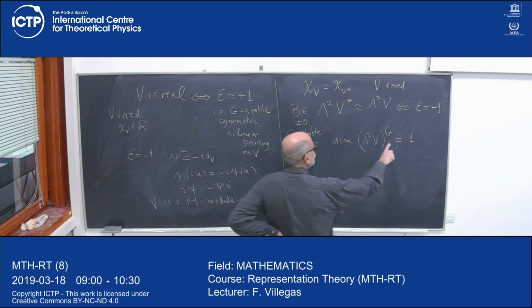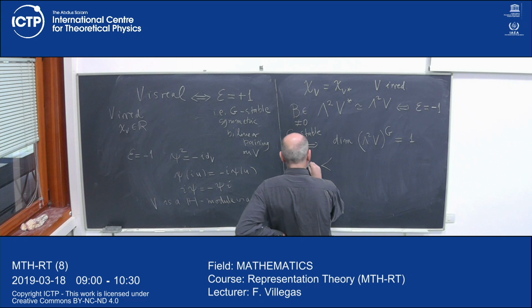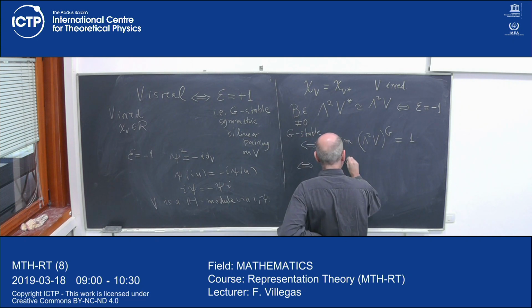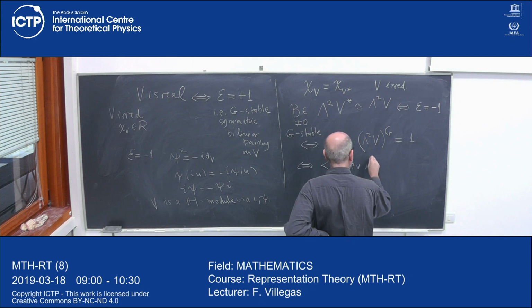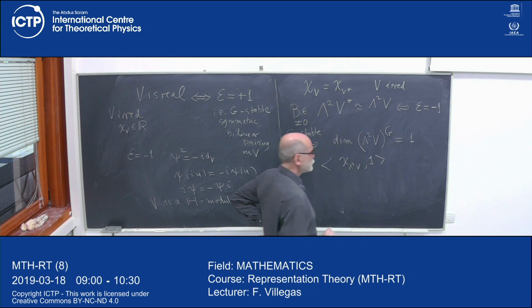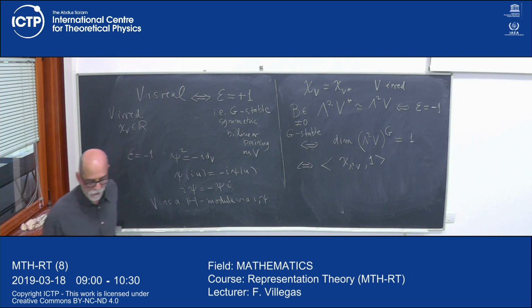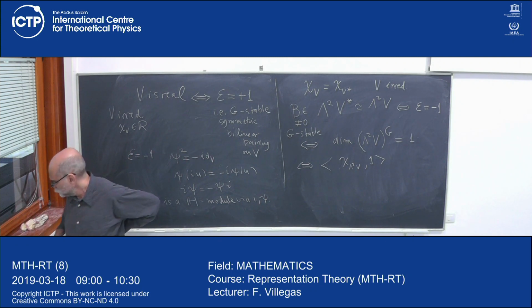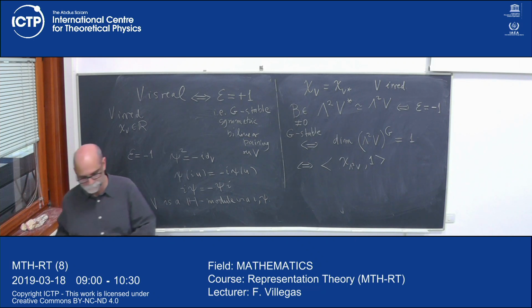Okay, but now this is something we can compute, because the dimension is exactly the inner product of the character of wedge 2 with the trivial character.